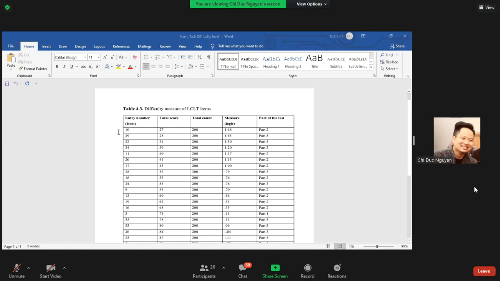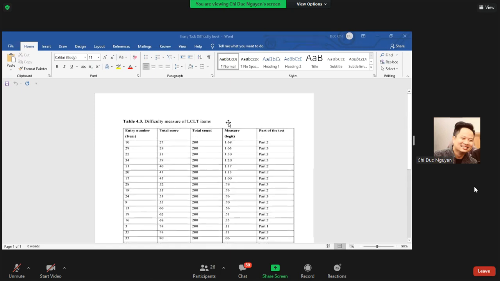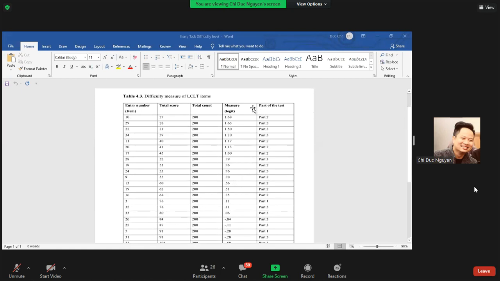So item number 10 here, as you can see in the previous map, is supposed to be the most challenging one, and item number 2 over here is supposed to be the easiest one. If you look at the logit unit measure, it's about the difficulty level. The higher the logit unit that we have, the more challenging the item is.